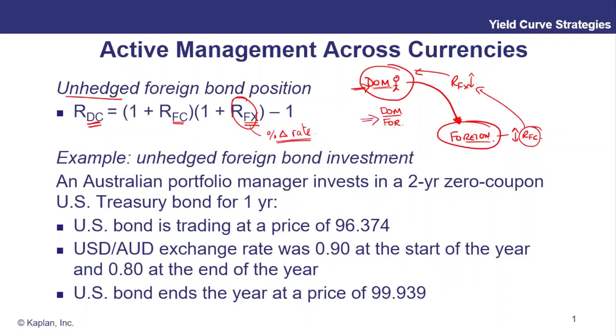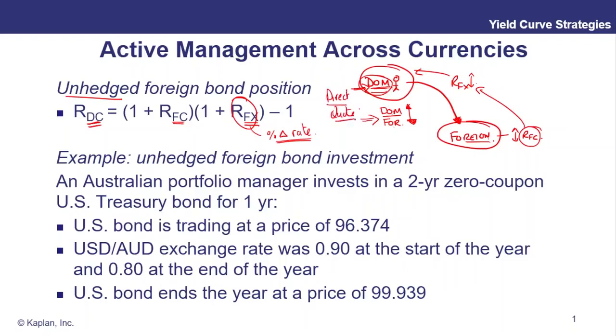I need foreign fixed and domestic variable, because this quote is directly related to the fortunes of this investor. If the foreign currency strengthens, this quote goes up and the domestic investor wins, and vice versa. If the foreign currency weakens, this quote goes down, it buys less of the domestic currency, and this domestic investor loses.